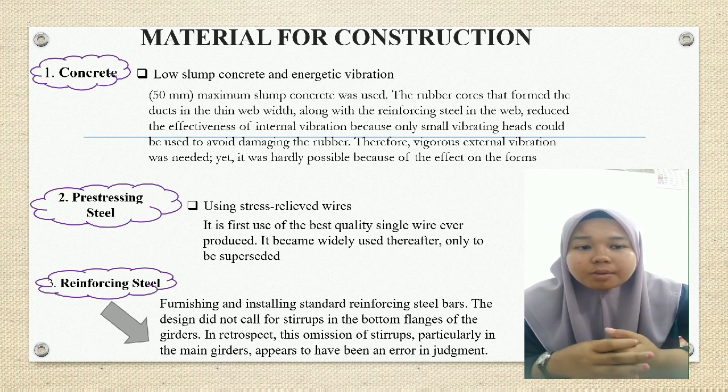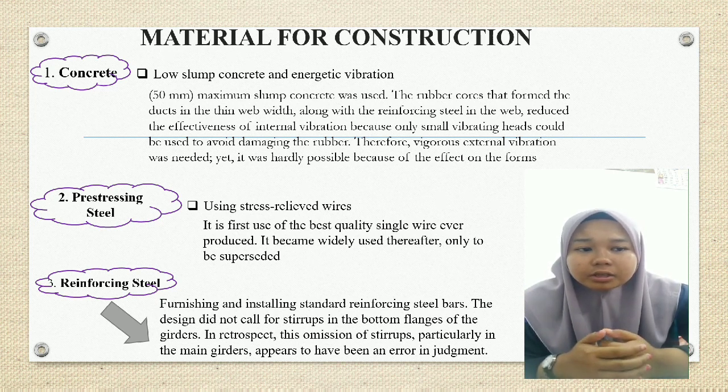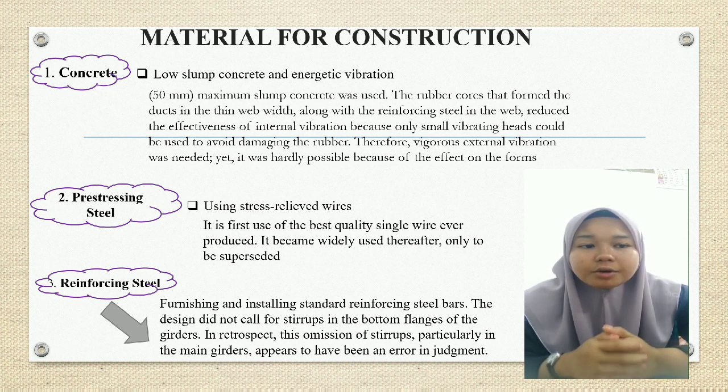Third, reinforcing steel. Furnishing and installing standard reinforcing steel bars, the design did not call for stirrups in the bottom flange of the girder. In retrospect, this omission of stirrups, particularly in the main girders, appears to have been an error in judgment.